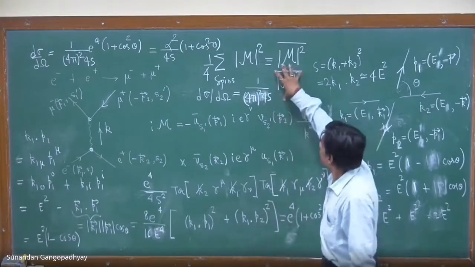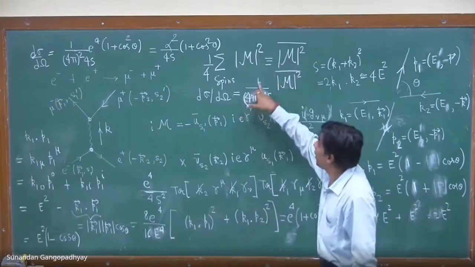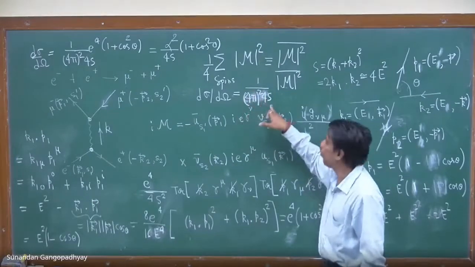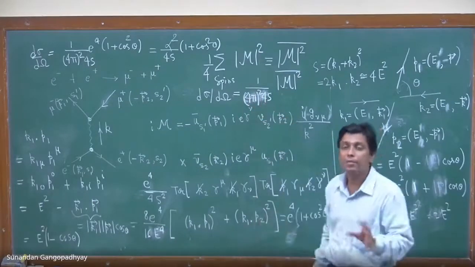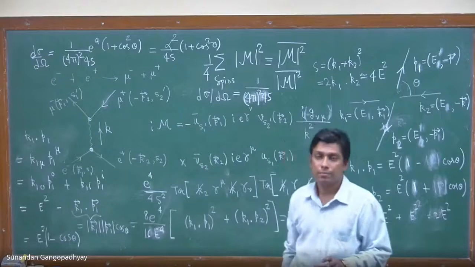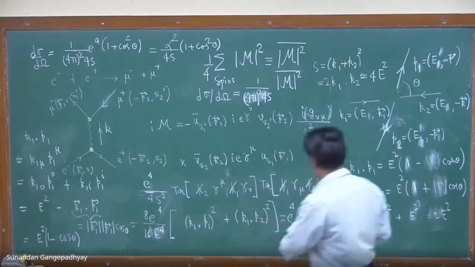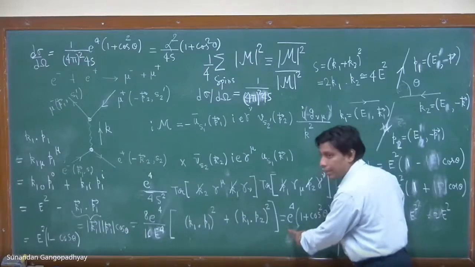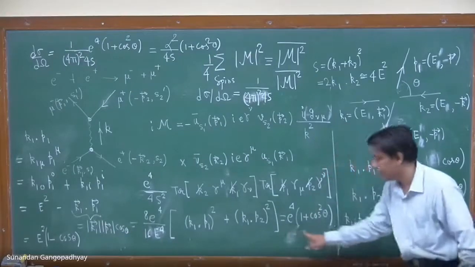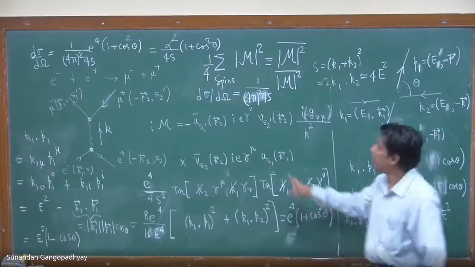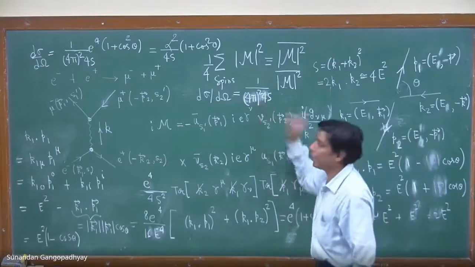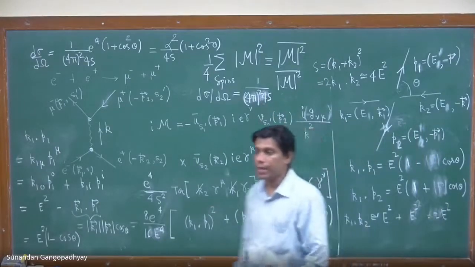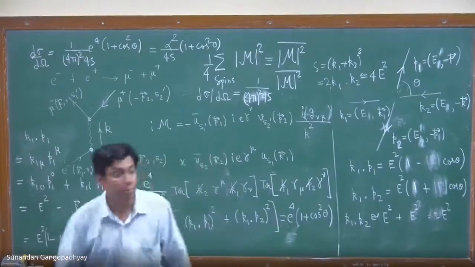And once you have this, you divide by a factor of 1 by (4 pi) whole square times 4s, which means 64 pi square s. So it basically means that you divide this quantity over here by a factor of 64 pi square s. That is the differential scattering cross section in the center of mass frame.